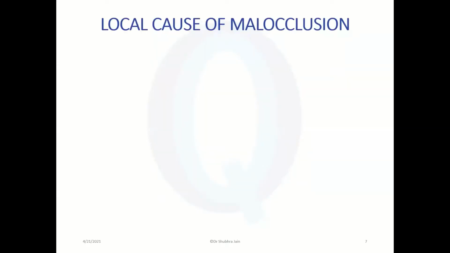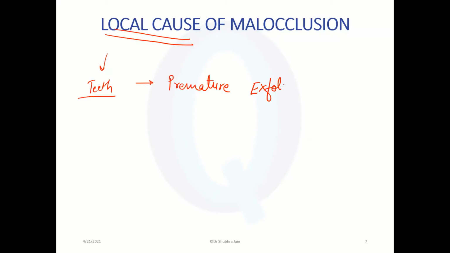Next, we discuss the local causes of malocclusion. Local causes are restricted to teeth. The most common cause is premature exfoliation. Whenever a primary tooth is lost before its date, malocclusion occurs because of the space loss.